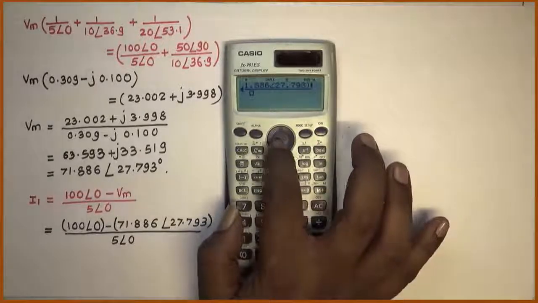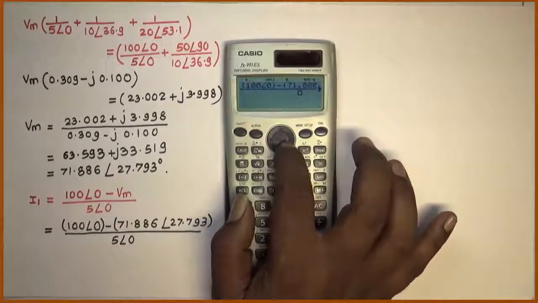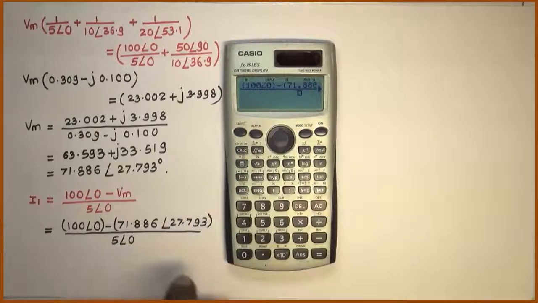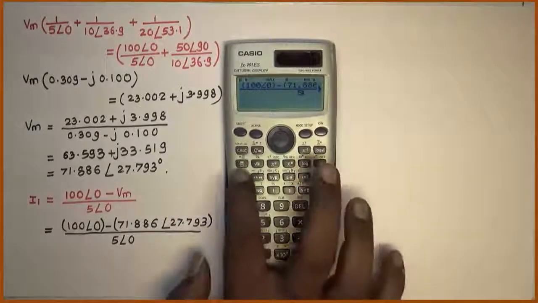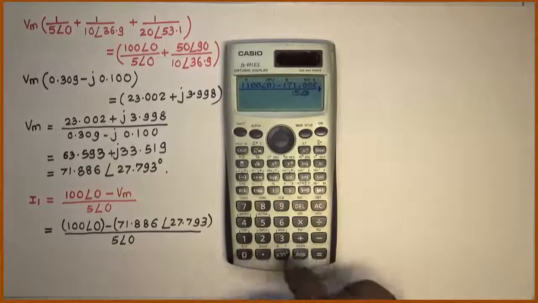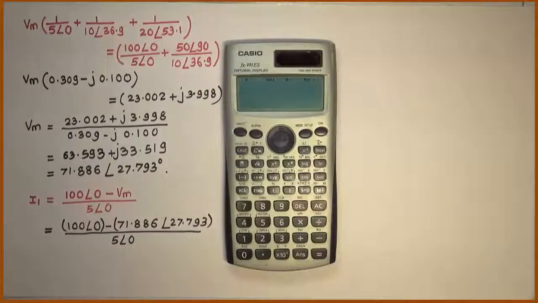I entered both the numbers. Now it is divided by 5 angle 0, equal to.